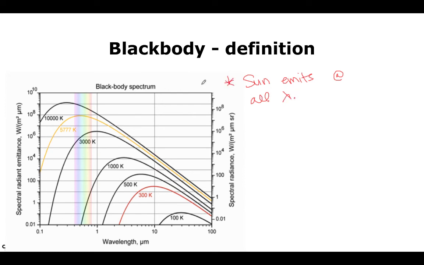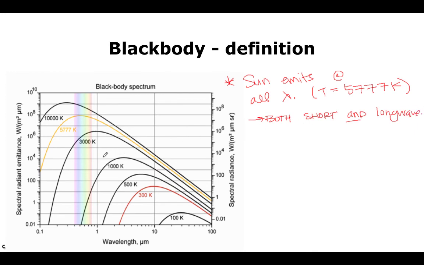According to this graph, where the temperature of the sun is approximately 5,777 Kelvin, the radiant emittance spans the entire spectrum, both short and long wave.